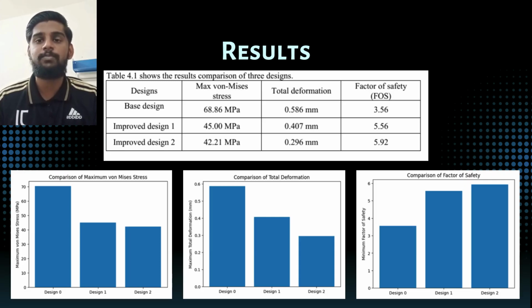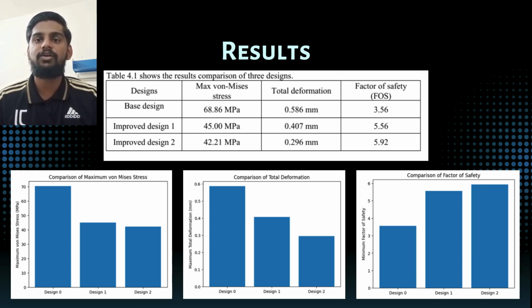After the first design modification, design 1, the maximum stress was reduced to around 45 megapascal, while the total deformation decreased to 0.407 mm. The factor of safety also increased to approximately 5.56. For design 2, which includes increased thickness at critical components, the maximum stress further reduced to about 42.21 megapascal and the total deformation reduced significantly to 0.296 mm.